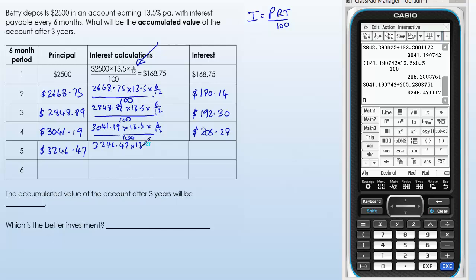3,246.47 times 13.5 times 6/12 all over 100.